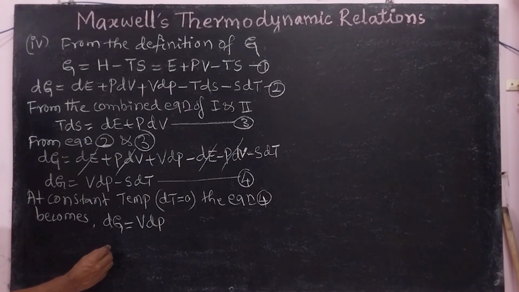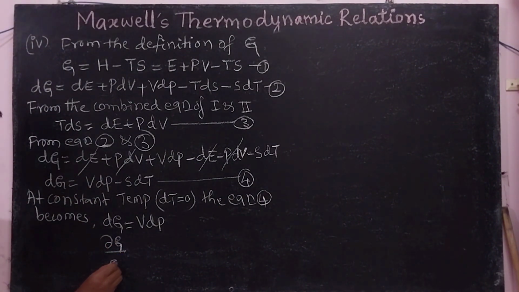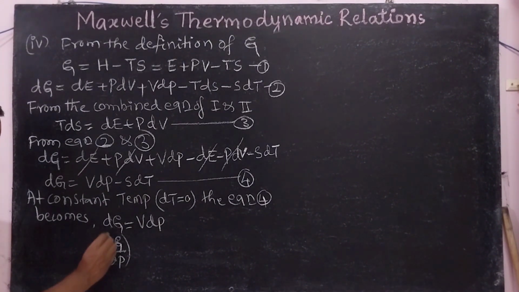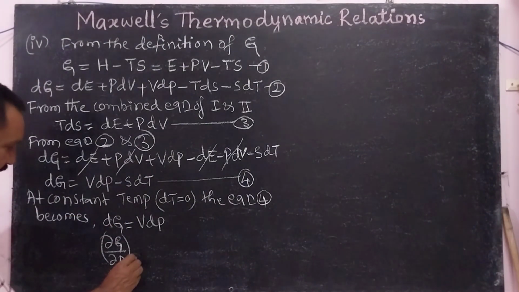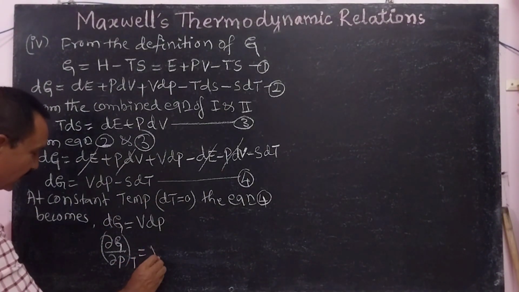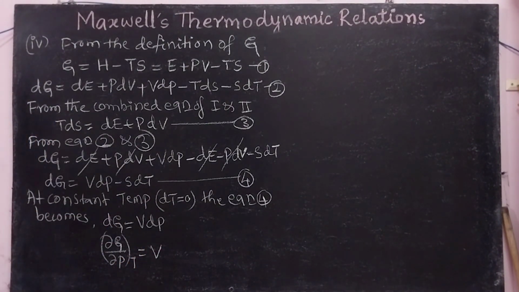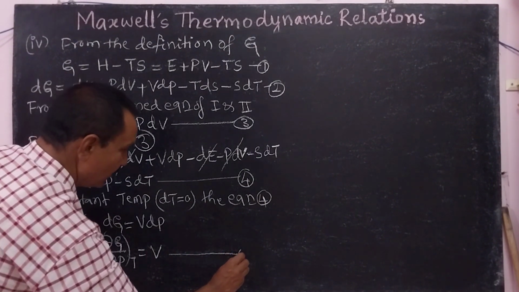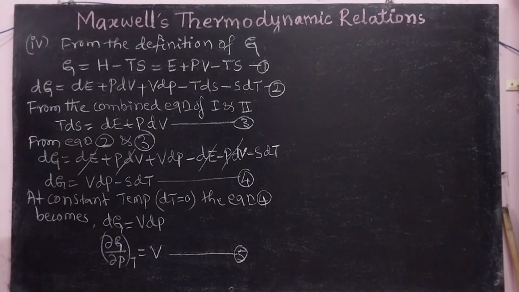On rearranging this equation, we get ∂G by ∂P at constant temperature is equal to V. Suppose this is equation 5.